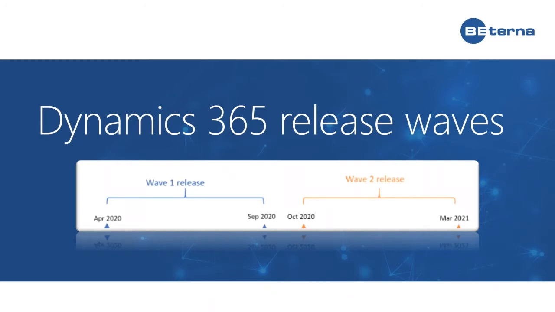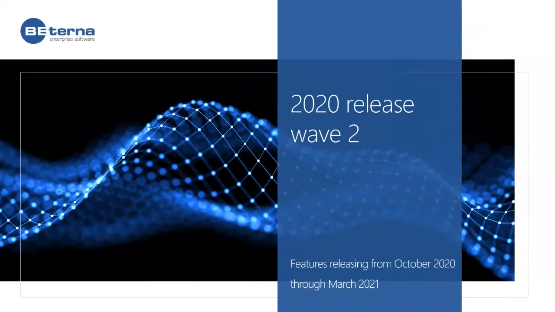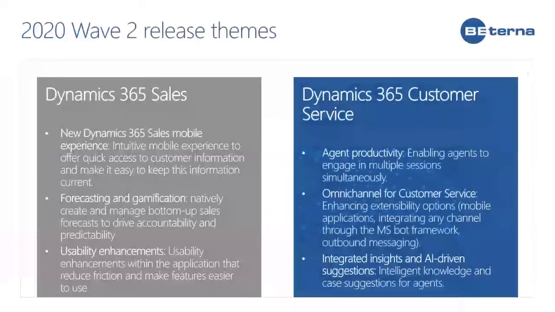Okay, so let's take a look at what we actually have in this release wave 2. As I mentioned, we will be talking about 2 modules today: Dynamics 365 Sales and Dynamics 365 Customer Service. Now, Microsoft is trying to make it simple for us by summarizing the focus of each update.